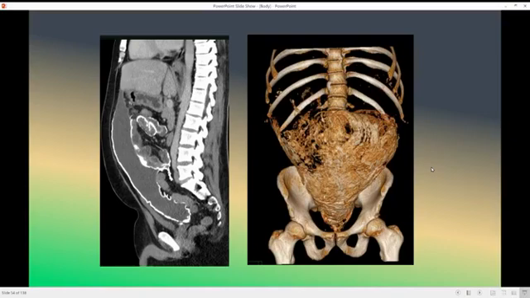And this is the next case. What do you think about the next case? History: this patient is on dialysis.